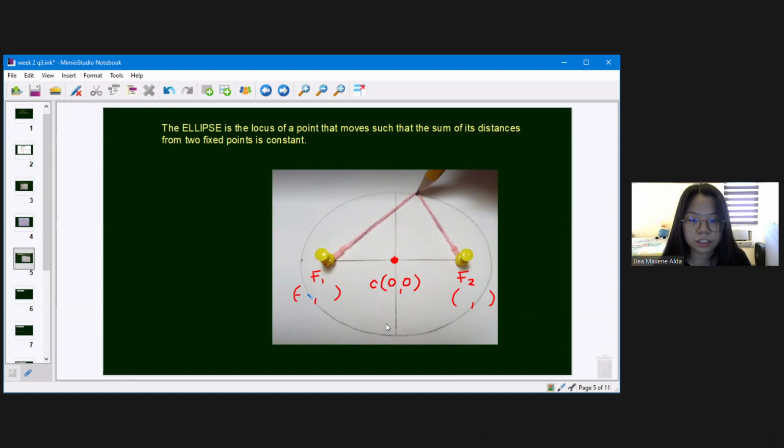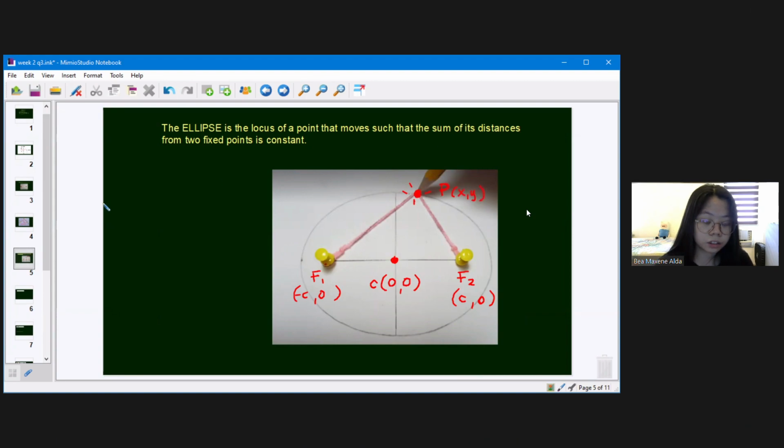Kasi nga, yung from the other side of the focal length. And then sa kabila naman, magiging positive c, 0. There we go. And then right up here, that represents the point that moves or that follows through the ellipse. So we'll define that as x, y. There we go.